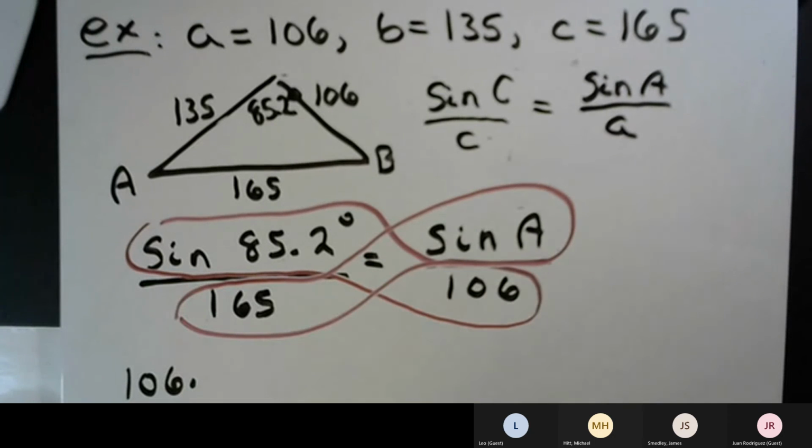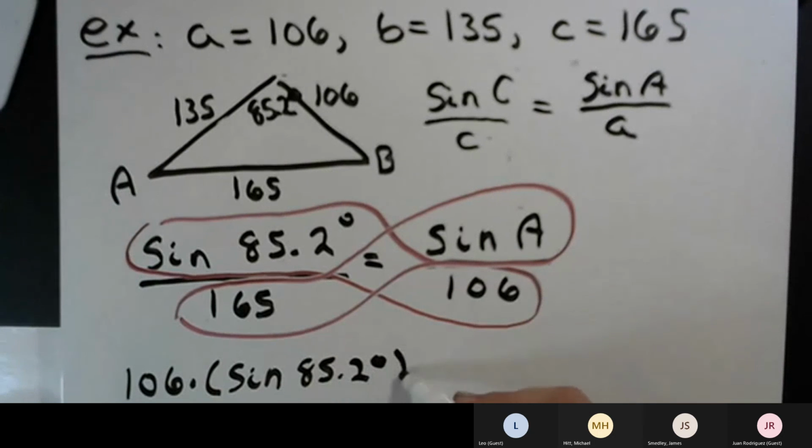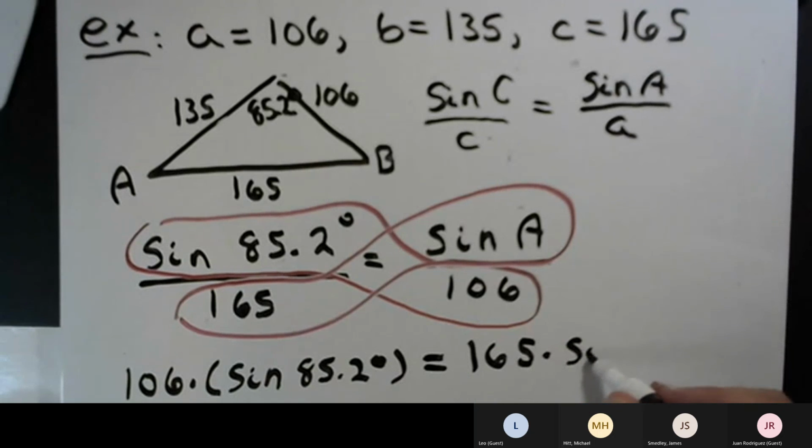Okay, sorry about that. A little worried. So 106 times the sine of 85.2 degrees equals 165 times the sine of angle A. We've got to do the same thing. We have to cancel this and then cancel that. So cancel multiplication by 165, we divide by 165, and we're dividing both sides.